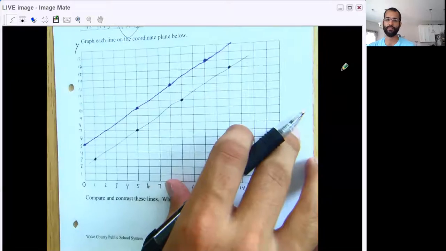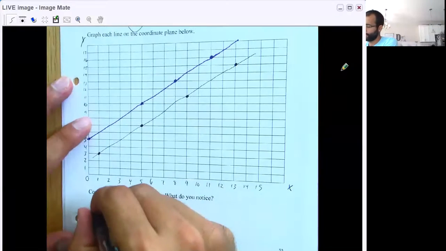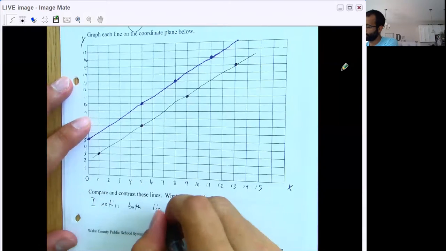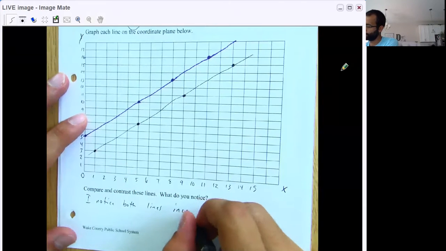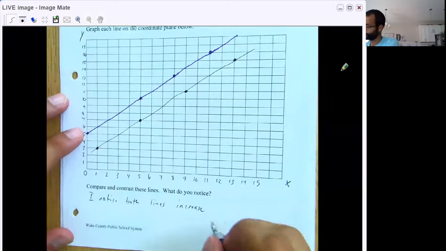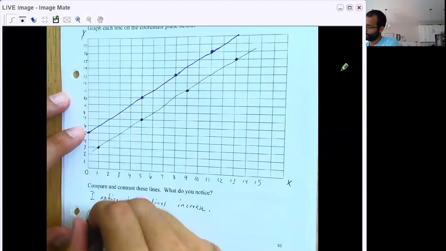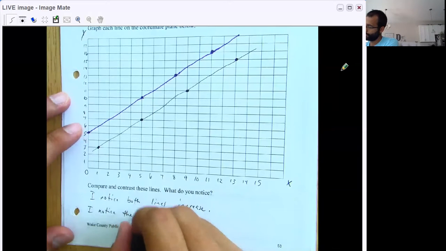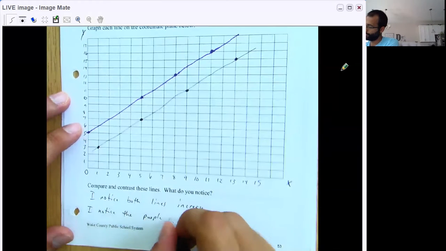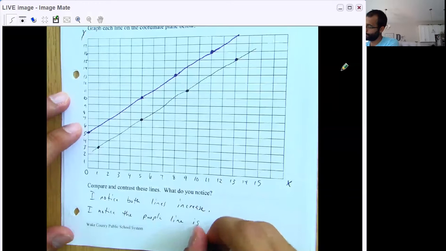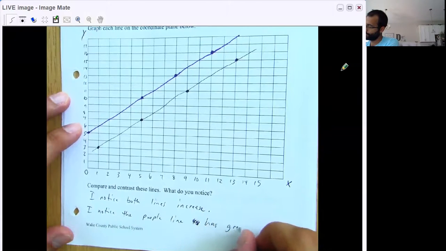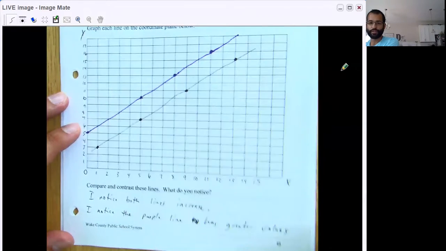So compare and contrast these 2 lines. I can say that I notice both lines increase. I notice the purple line, or line B, has greater values.